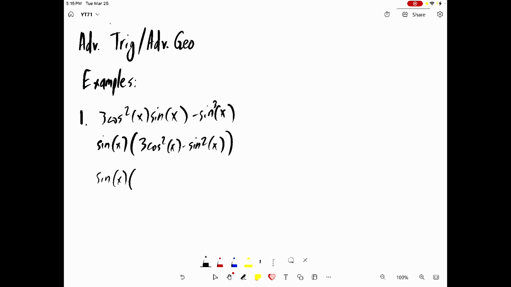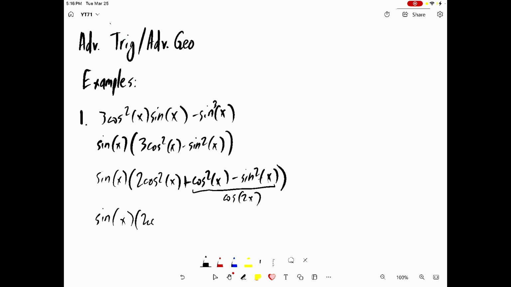Then what we have is 2 cosine squared x plus cosine squared x minus sine squared x, and then we have that all in brackets. So cosine squared x minus sine squared x is cosine of 2x. So we have sine of x times (2 cosine squared x plus cosine 2x).